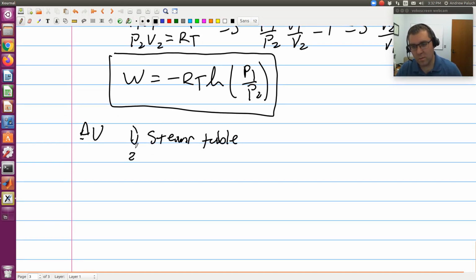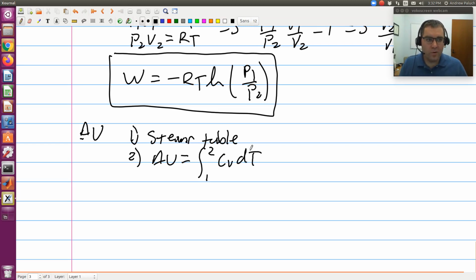Case 2 would be, again, delta U is the integral from initial to final state of CV dT. And if you're told that CV is constant, you can get CV times T2 minus T1.